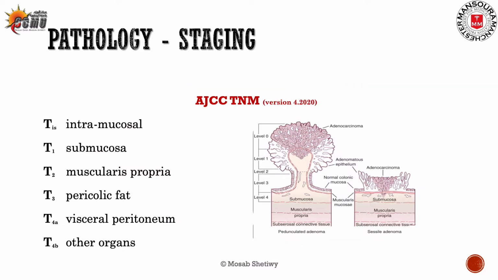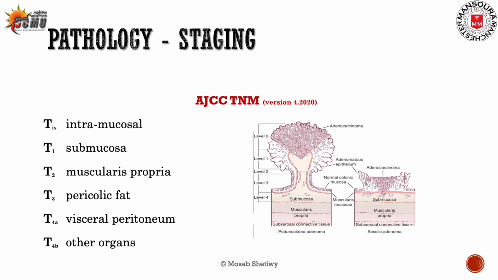But worldwide, the American Joint Committee on Cancer proposed the TNM staging system, and it's being revised yearly or even more than once a year. So this is the latest version of the TNM. As you know, T is the tumor.